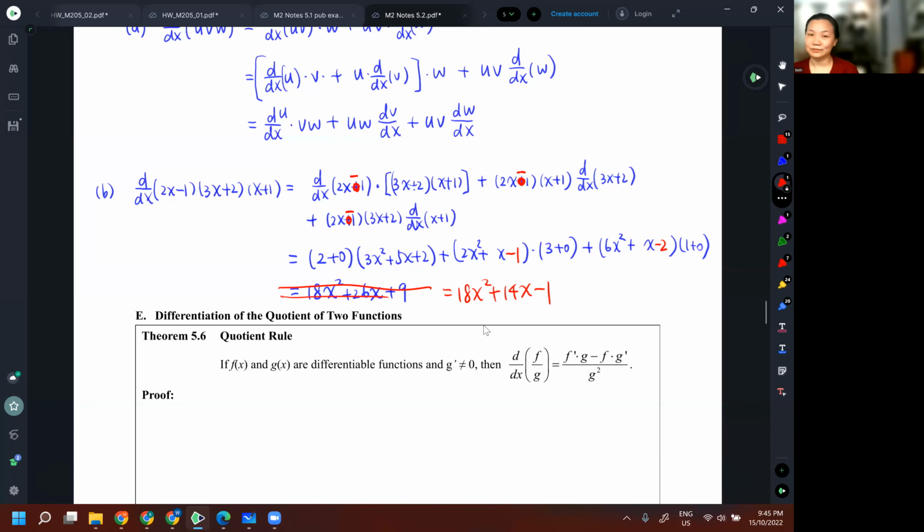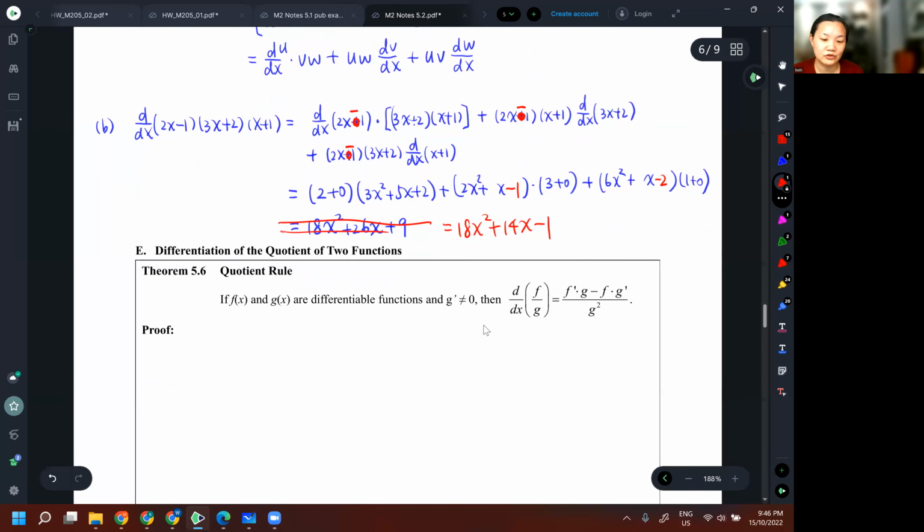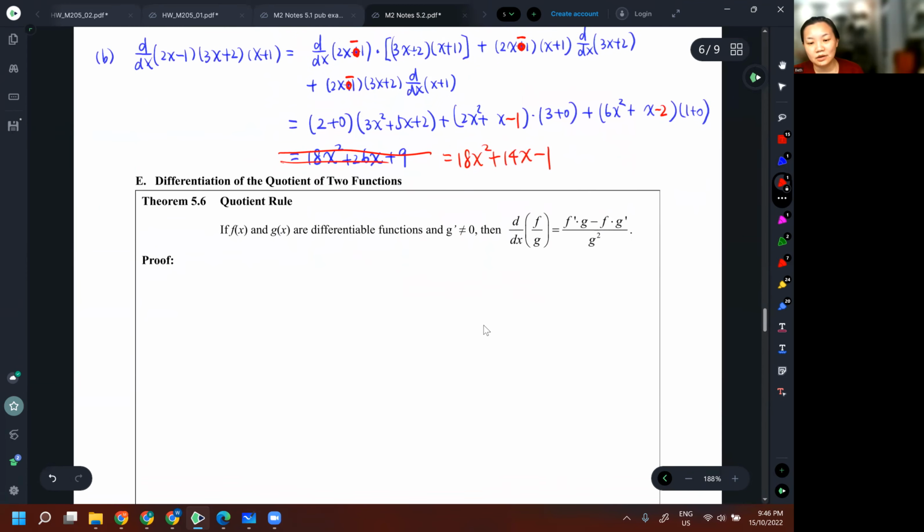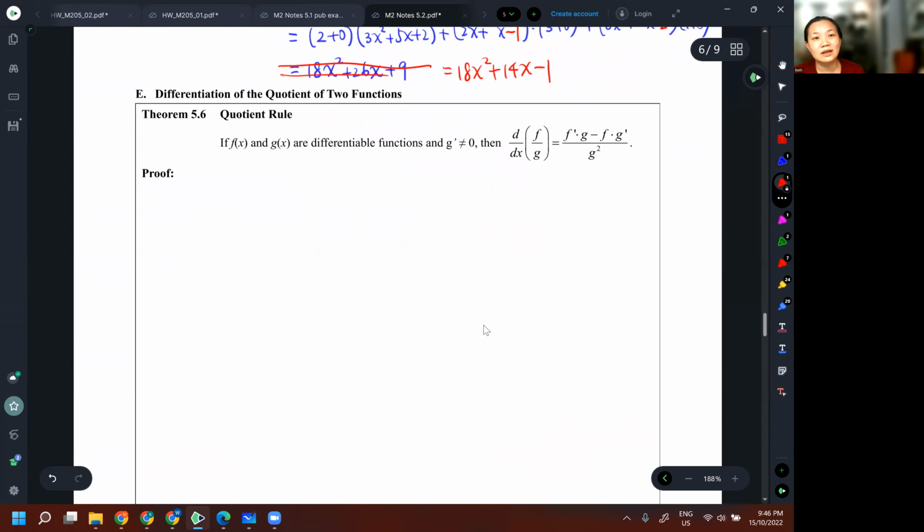Okay. Last part, the last rule today. It's a very long lesson. How many rules are we having now? The constant rule, the power rule, the constant factor rule, the sum and difference rule, the product rule, and now the last one, the quotient rule. Quotient rule, you can guess what it is.